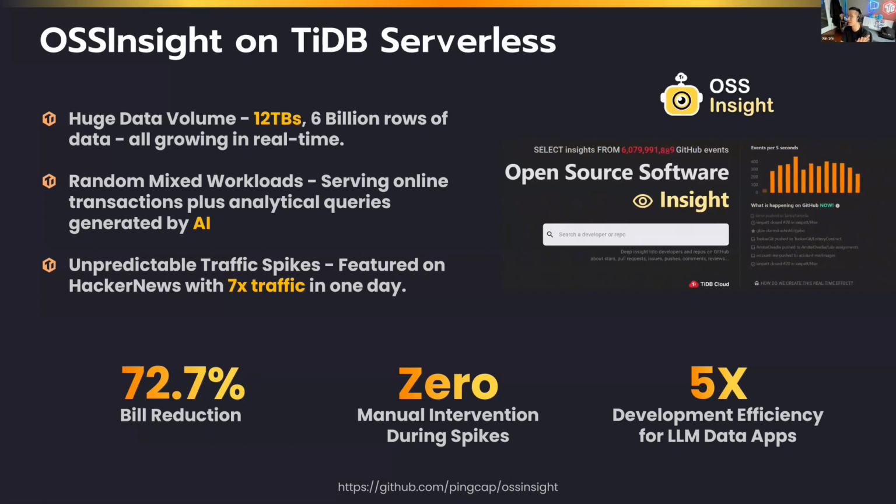Earlier this year, OSS Insight integrated with OpenAI to let users ask questions in natural language, which means all the SQL queries in this system are kind of random. We don't know what types of questions customers are asking, and we don't know what types of SQL queries will be generated. In the past, all the analytics used fixed templates, but now it's random.